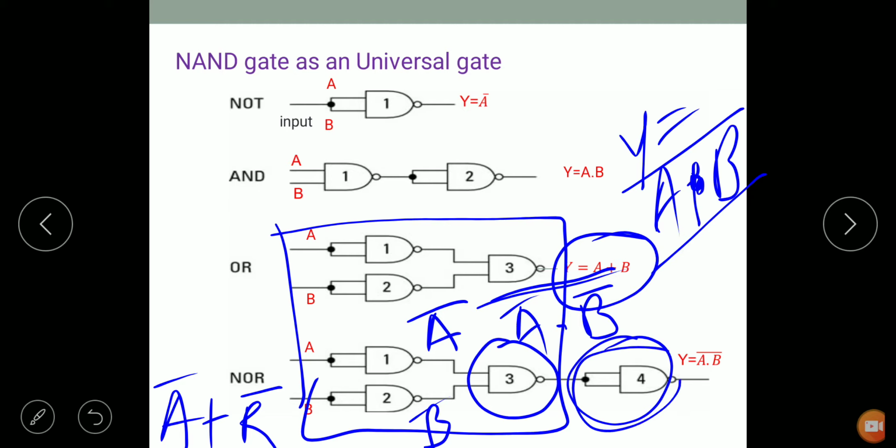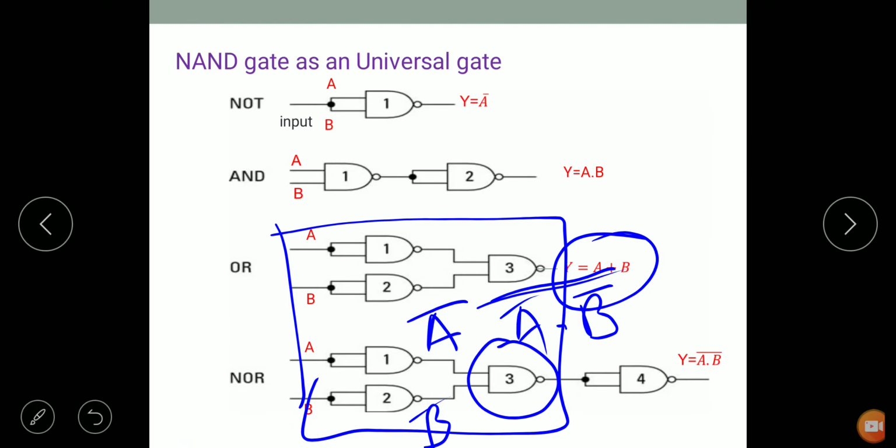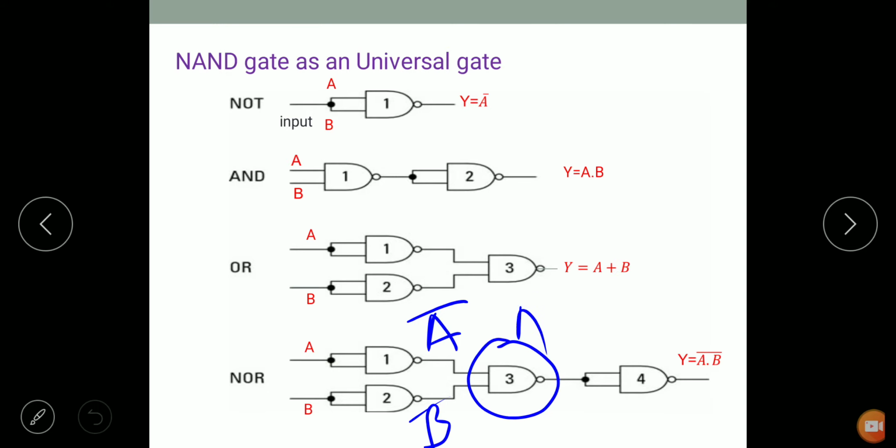If we apply De Morgan's theorem, A dot B whole bar is nothing but the sum of individual complements. Thus, using NAND gates, we construct the 4 basic gates and the NOR gate likewise.